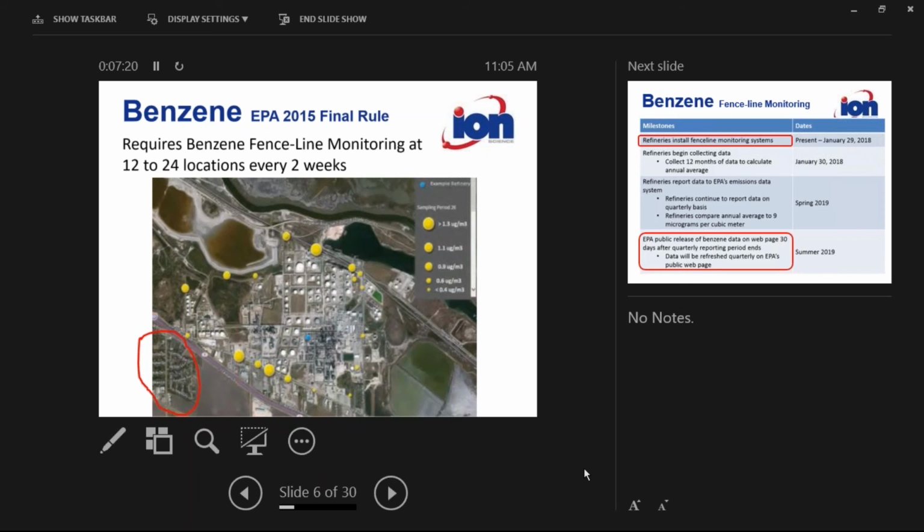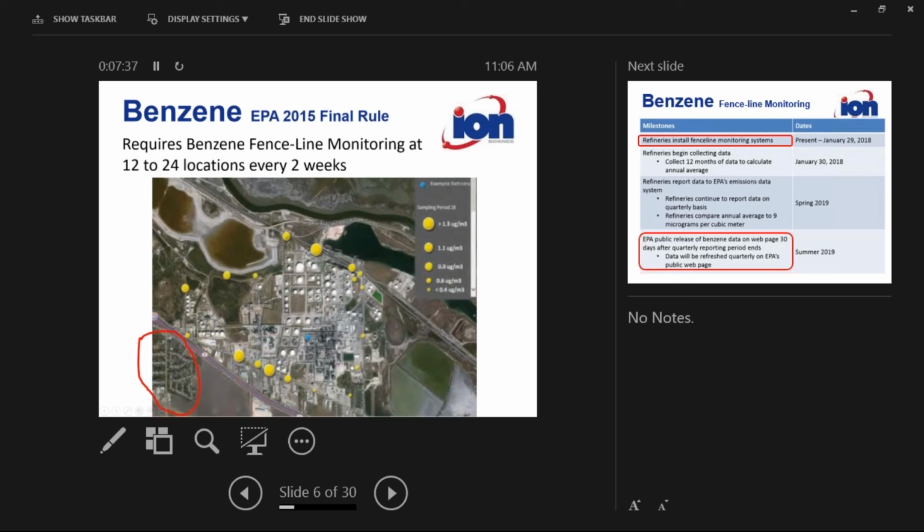There's been a recent new rule, the EPA 2015 final rule, requiring fence line monitoring at refineries at 12 to 24 locations every 2 weeks in order to avoid exposure to the nearby neighborhood.